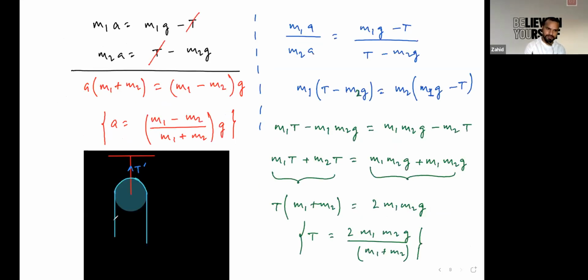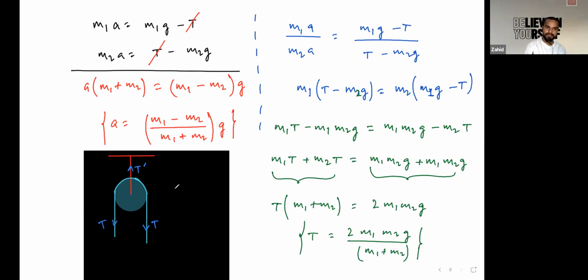So let's say this is tension T and this is tension T. As mass of this particular pulley is 0, so you can say total force in upward direction should be equal to total force in downward direction, as there is no mass of this particular pulley.